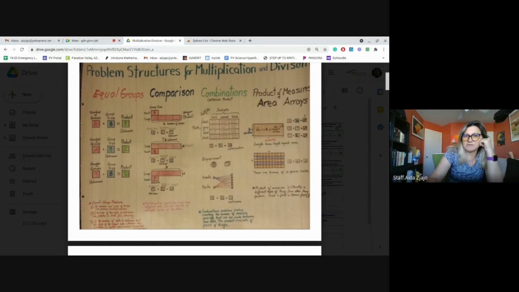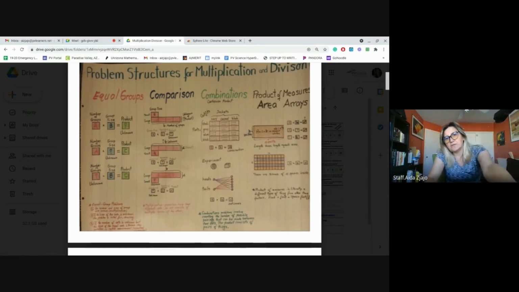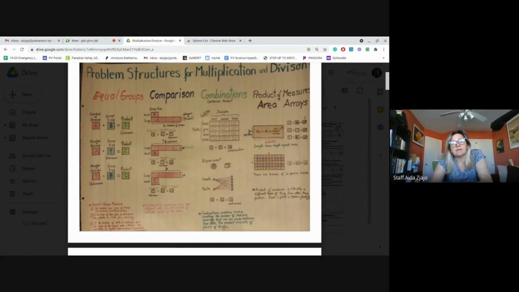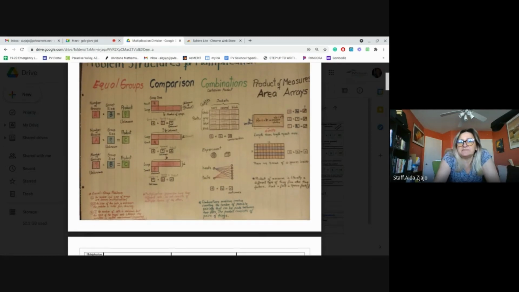If you look into that, you can see how we can model a problem structure of multiplication and division. There are four actually. One is equal groups, another one is comparison, combination, and the fourth one is product of measure, and you know it as area or arrays. Each of these structures you can think of a little bit deeper.